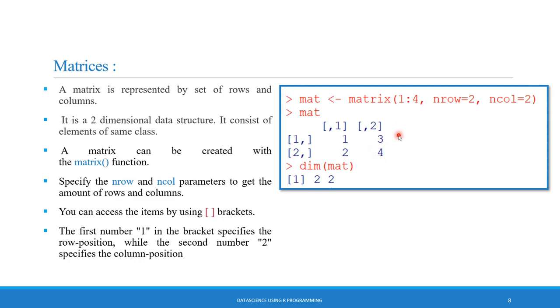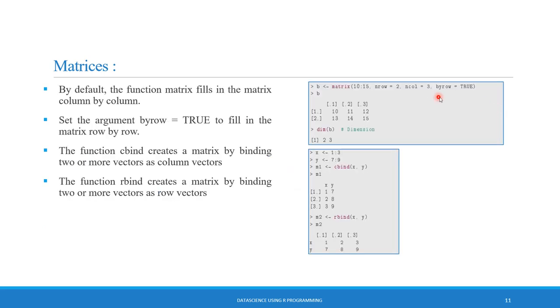In case you want to fill the data elements row by row, you have to add an additional parameter. When you pass this parameter byrow equal to TRUE, the given data elements will be added row by row. In this example, we have the data elements from 10 to 15.